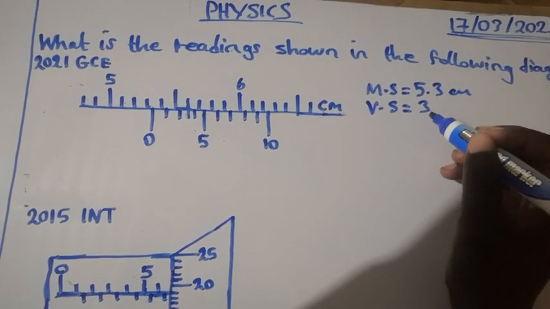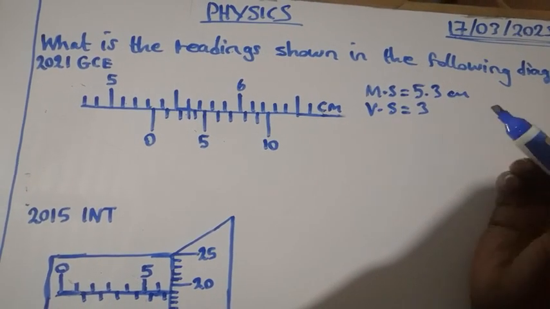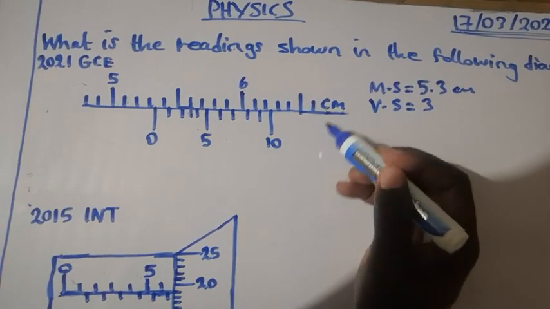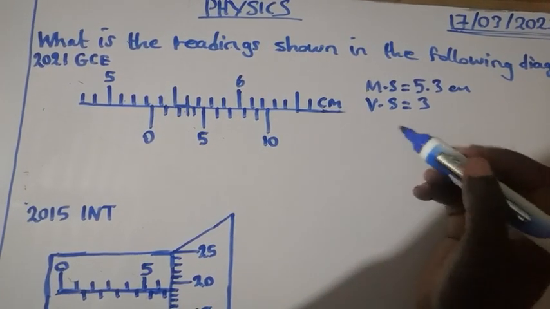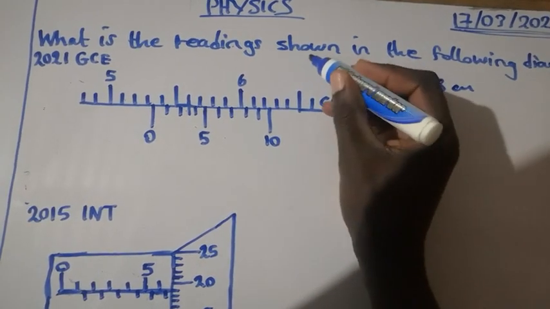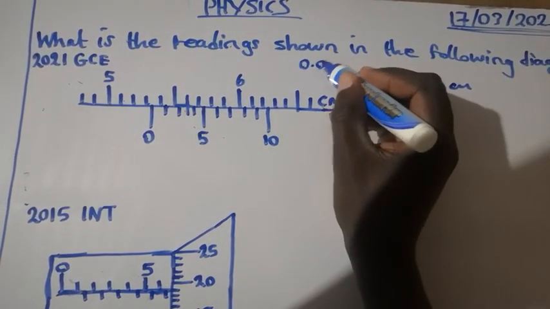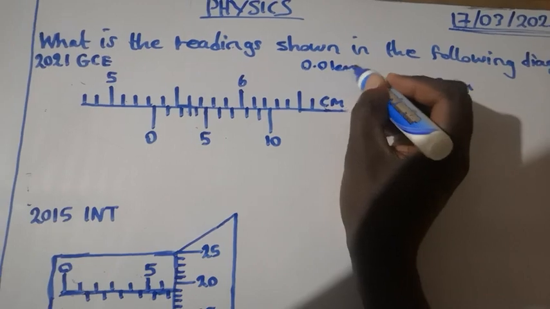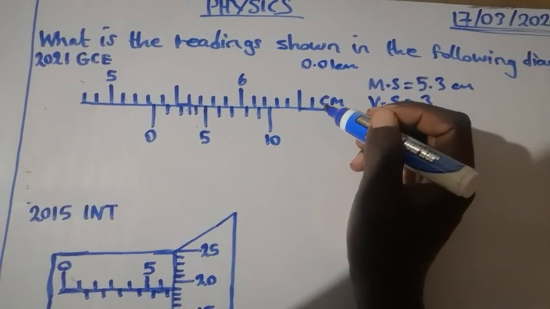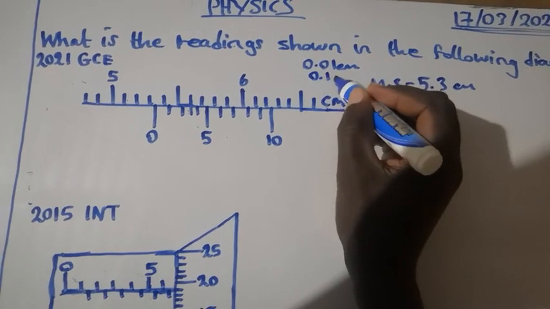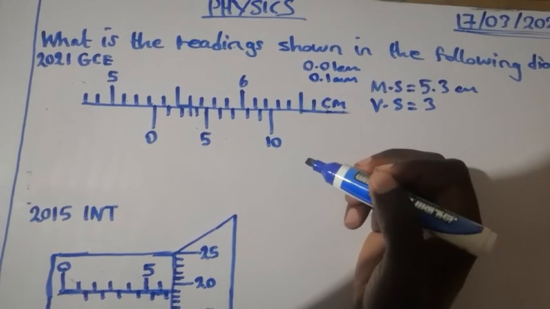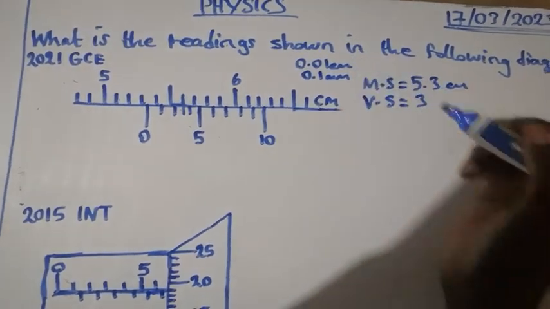We have to multiply this 3 with the accuracy of the vernier calipers in centimeters. The accuracy of the vernier calipers in centimeters is 0.01 centimeters, and in millimeters it's 0.1 millimeters. So we are going to pick the one which is on top.